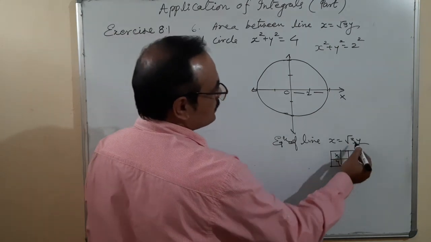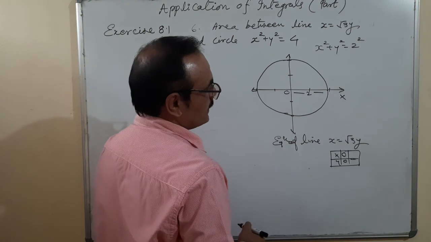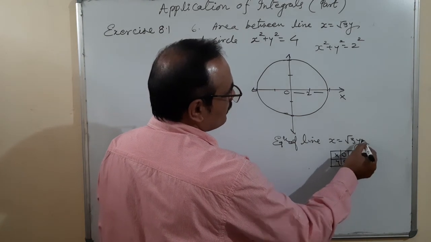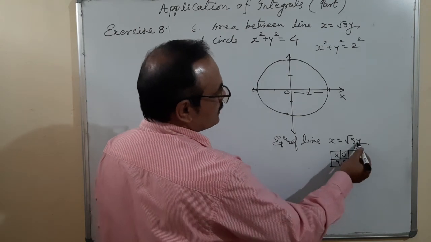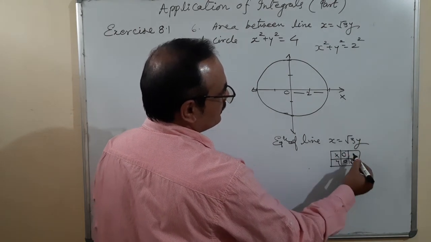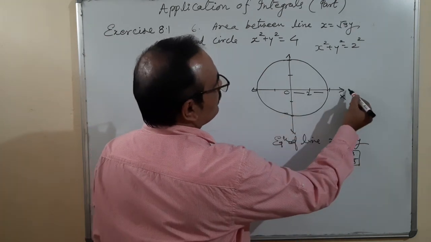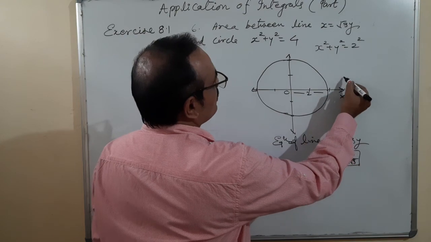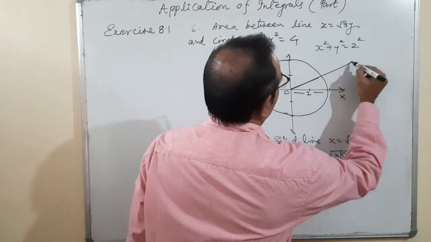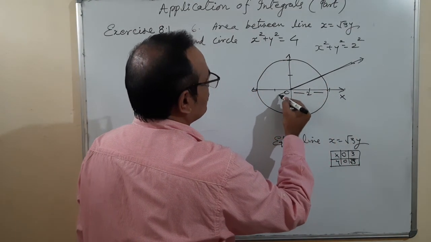If you put x is equal to 0, y is equal to 0, so it passes through the origin. Second, suppose I put y is equal to root 3, then x is equal to 3. So (3, root 3). So 3 is here, root 3 is 1.7 something here. So the line is passing something like that. But we don't know the exact position of it.